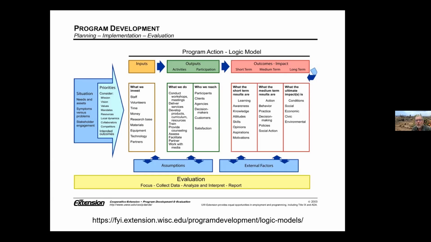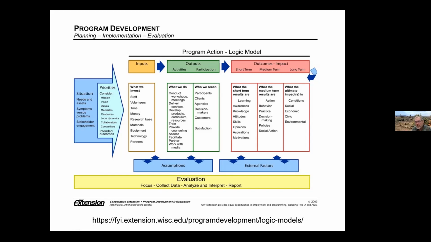Then you say, okay, what do we do to create that change? And what do we need to create that? And then you start conducting workshops. So you hire staff, conduct workshops and stuff like that. You hope that you reach participants, you hope people learn something. Then you hope they take some sort of action. And then you hope conditions change on the ground, that you want to see.